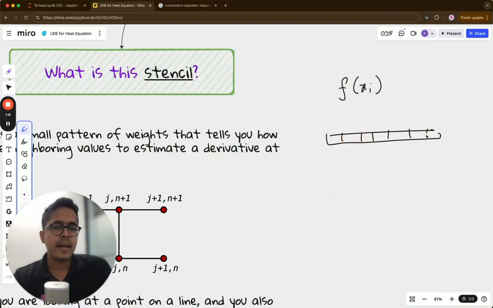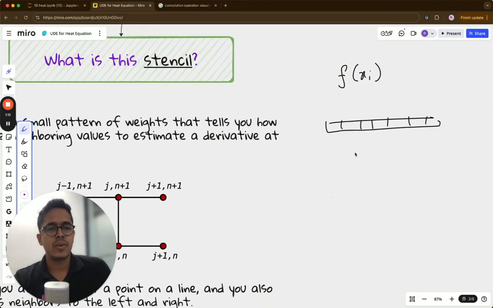Now you can define various types of stencil. That stencil could be a set of weights, right? So let's say there are 4 weights or 5 weights. So this is 1, this is 2, this is let's say -1, this is 1/2, and this is 3. And the values of f of x_i, let's say they are 23, 42, 1, 31, whatever, some set of numbers.